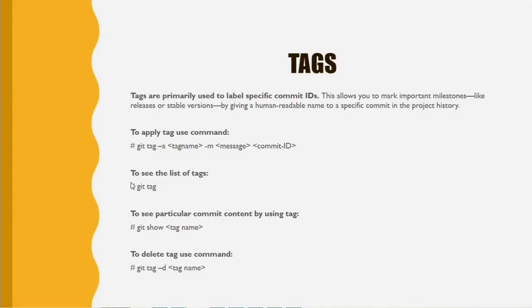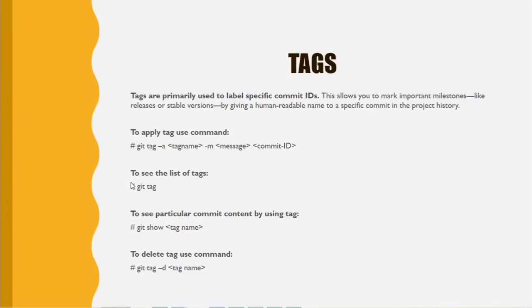It is just like tagging buckets, so you instantly know what is inside. This makes it way easier for teams to mark key points in the project's history, like version releases or stable builds. It is also helpful when you need to track, deploy or roll back any particular changes within the production environment.